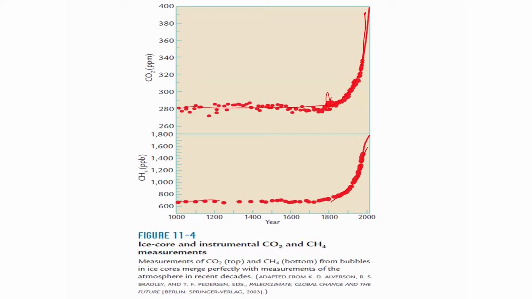And methane was at about 650 parts per billion. So this is parts per million by volume, and this is parts per billion by volume. You have to be always aware that methane is in much smaller quantities, but it's 25 times more powerful as a greenhouse gas, so it's still very important. There are also differences in how long each one stays.